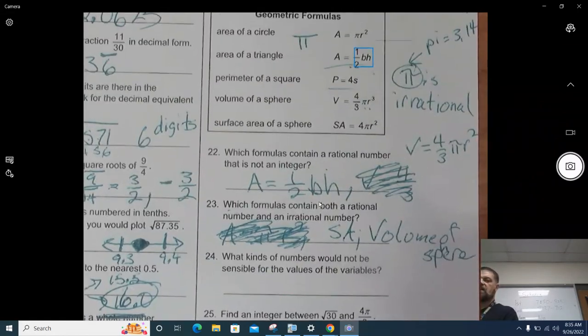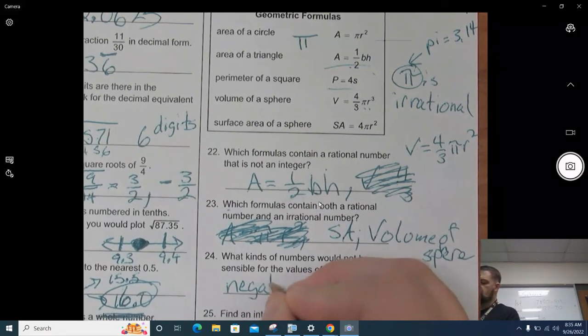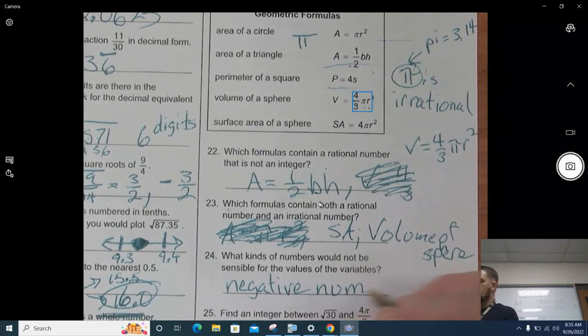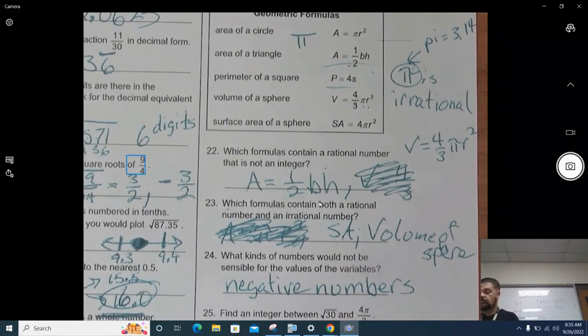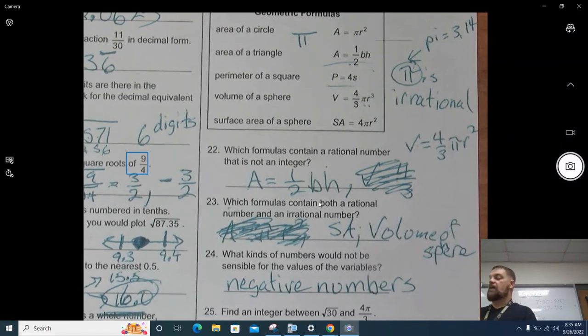That's what the formulas say. This is kind of a trick question, but negative numbers. I'm never going to have -3 diameter. I'm never going to have the height of a triangle be -5. They're always going to be positive. I put negative numbers. I never have -3.25.